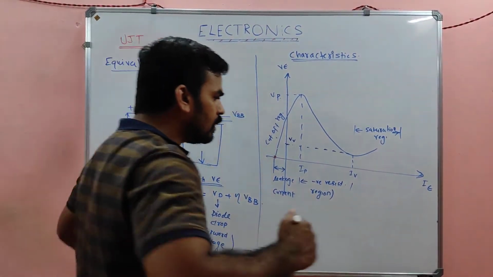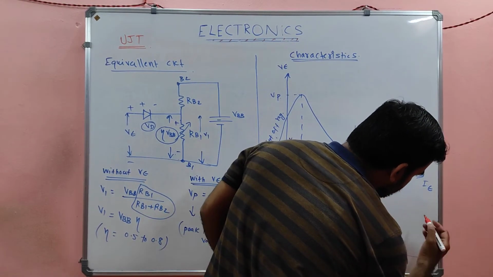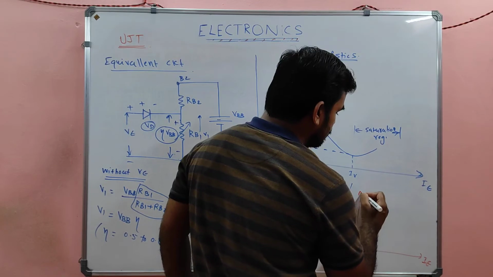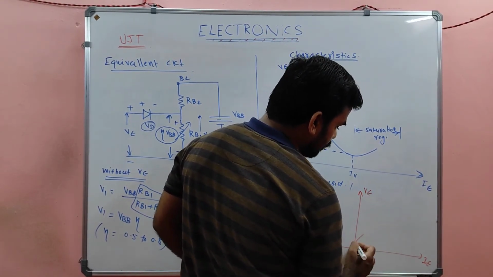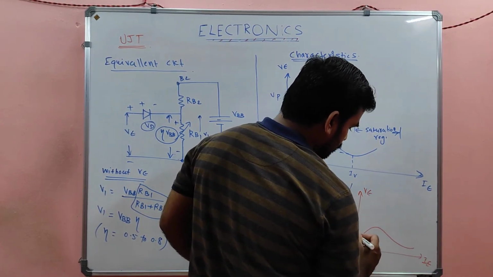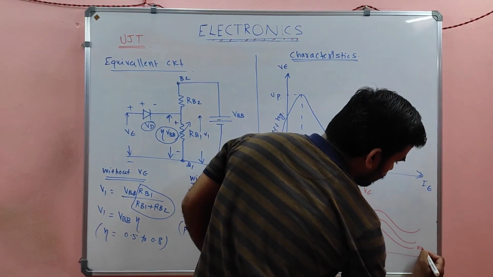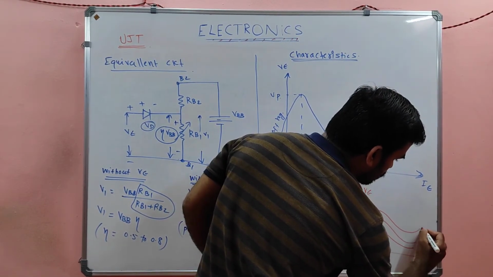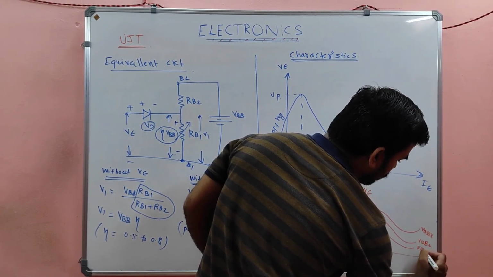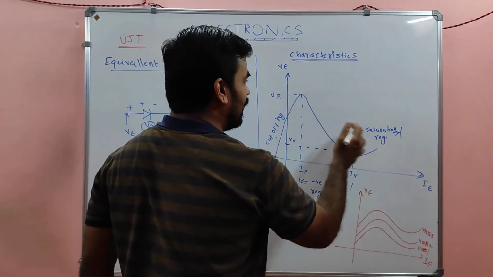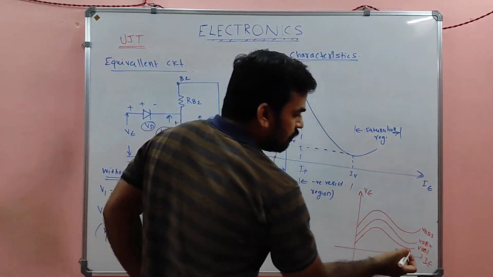Is it clear? And one more interesting thing: the same characteristics can be drawn with IE versus VE, at a particular value of VBB. So we take VBB3, VBB2, VBB1, because only at a particular value of VBB can this be drawn.